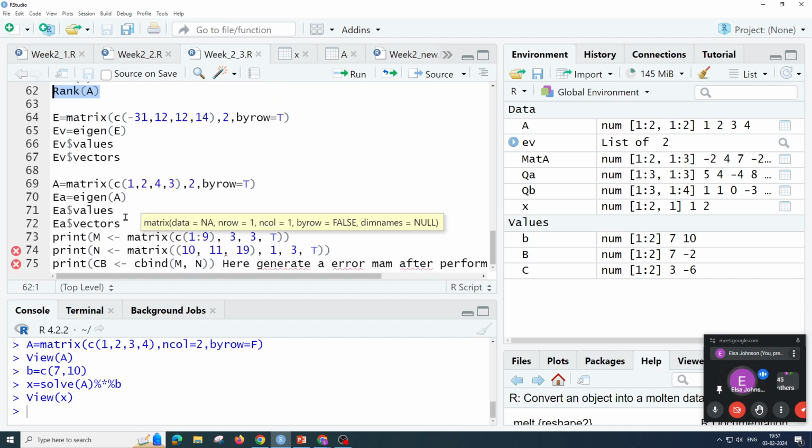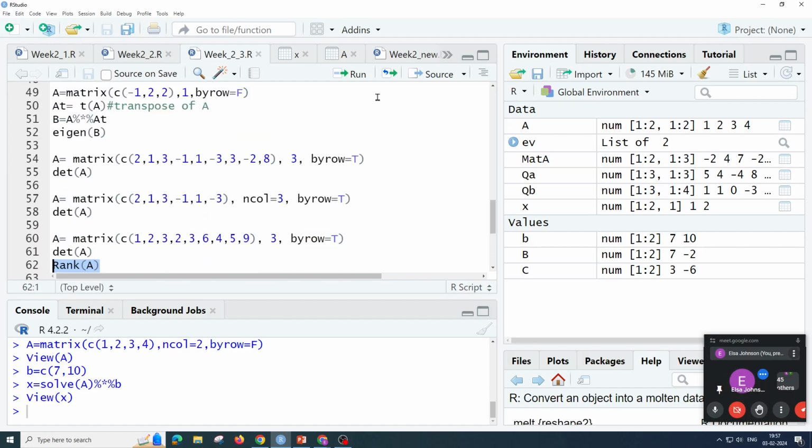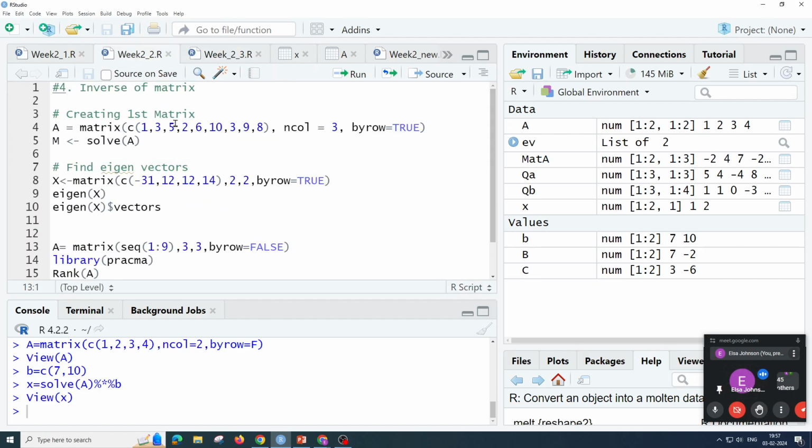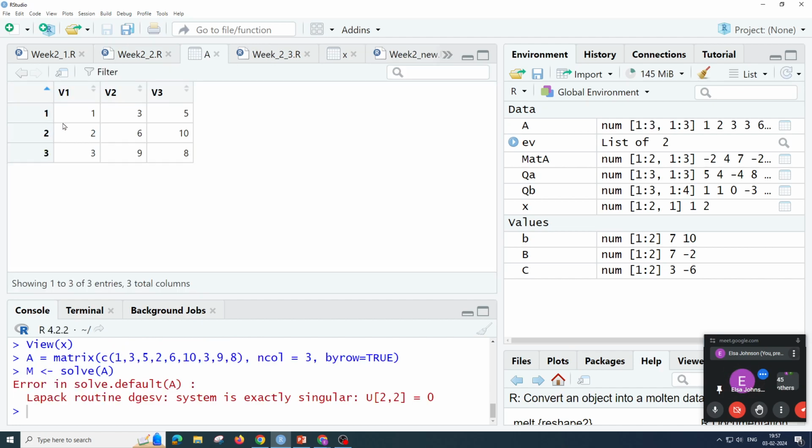Okay, so yeah, then some other thing. If I run this particular thing, then A is like this one, 1 3 5.